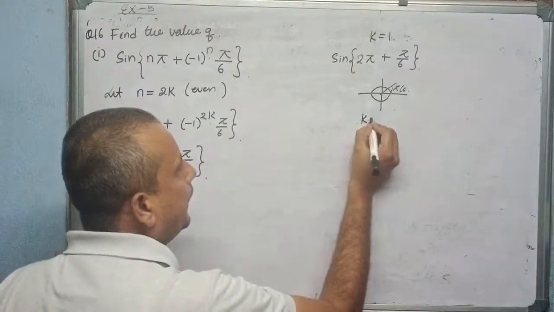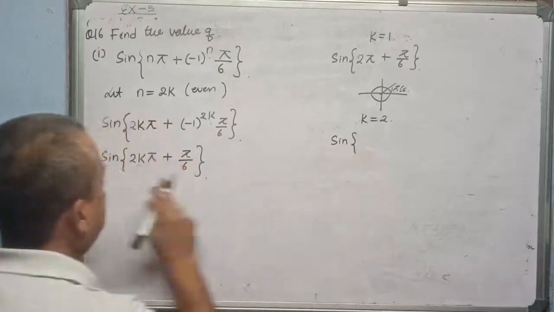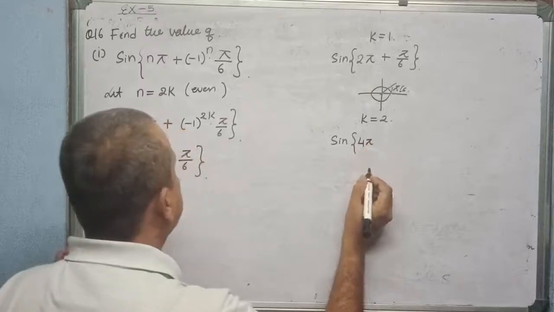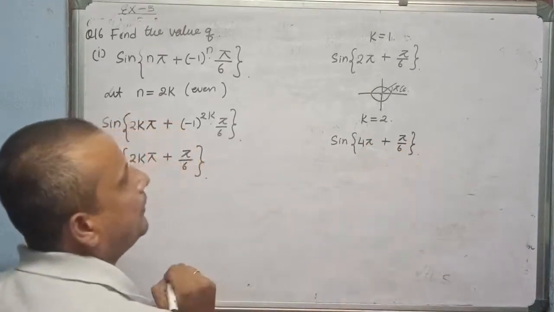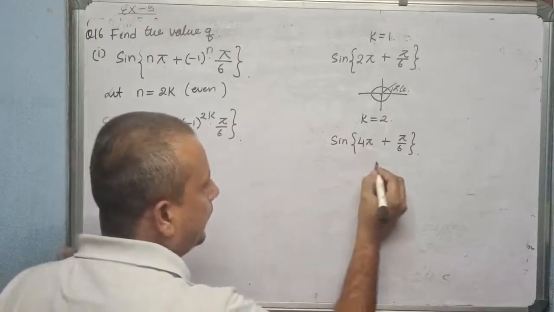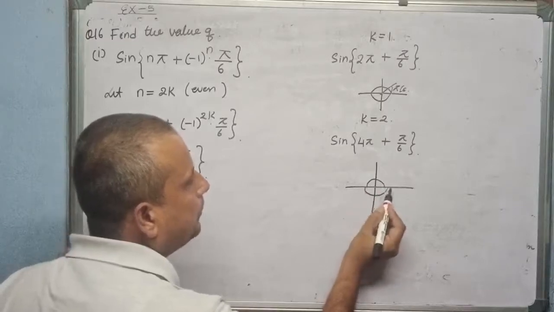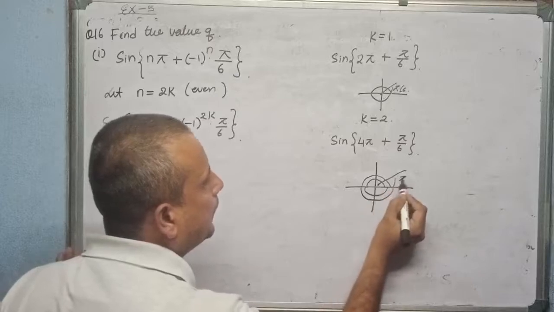I'll consider again k equals 2. If I substitute over here, 2 into 2 is 4 pi plus pi by 6. In which quadrant does this lie? 4 pi means it is 720 degree. 1 pi, 2 pi, 3 pi, 4 pi plus pi by 6.